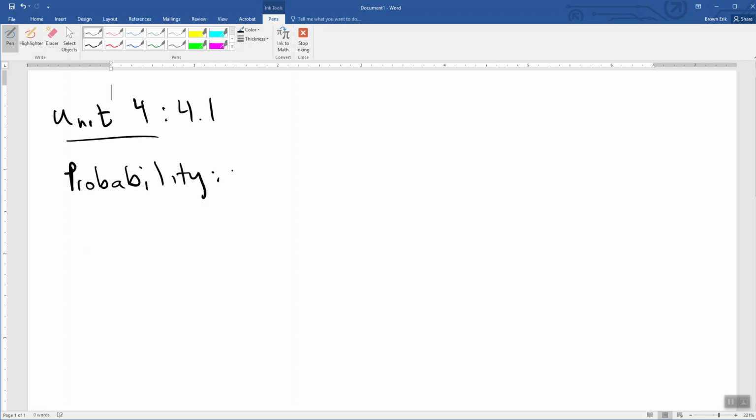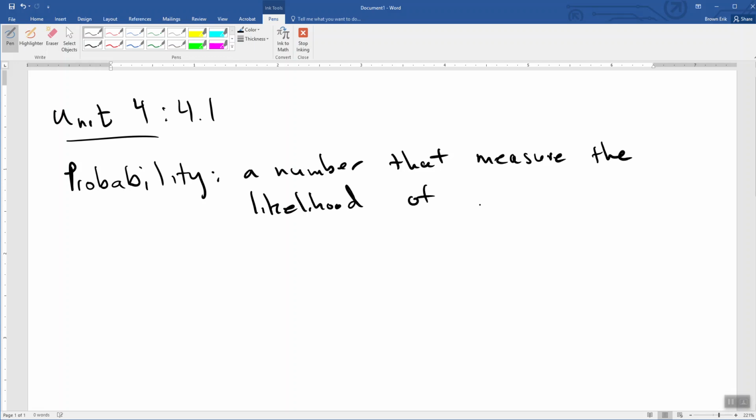Okay, so probability is a number that measures the likelihood of an event occurring. Well, let's change that. We should really say of a random event occurring.